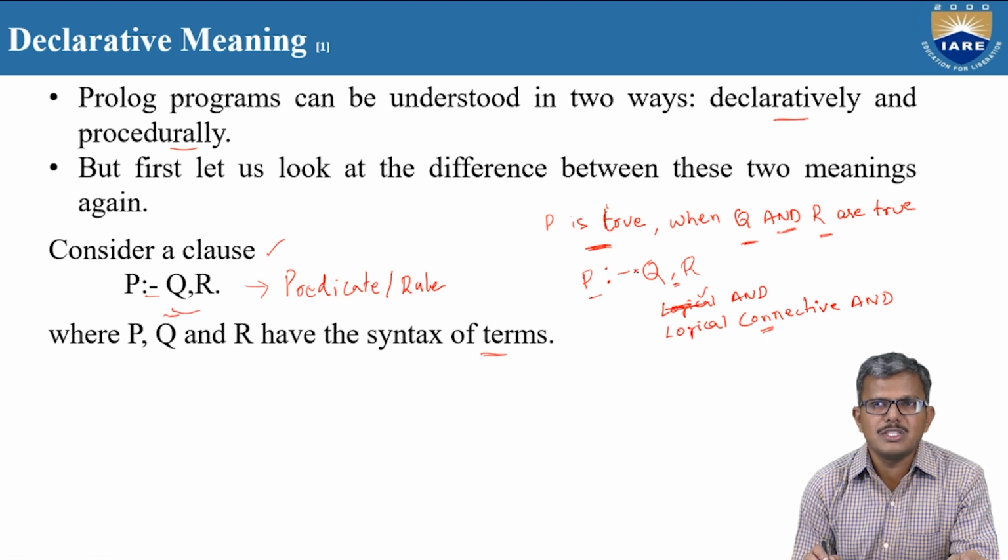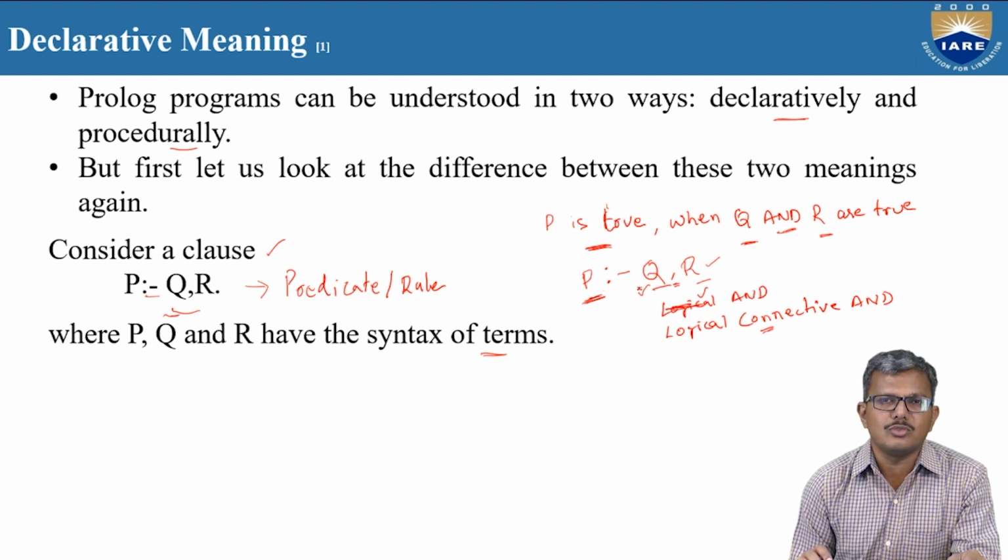Okay, so whenever I represent a comma in between the clauses, you are supposed to prove both, and only then can you prove that P is also true. And here the sequence also matters. What happens if I prove R as true first and then Q next? We cannot clearly say that we are going to prove that P is true.